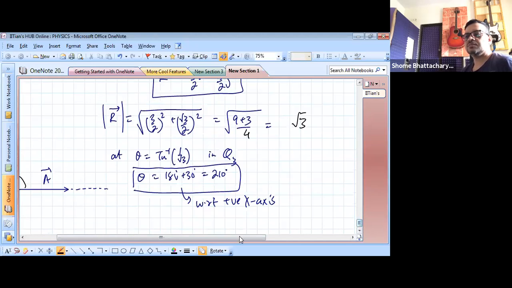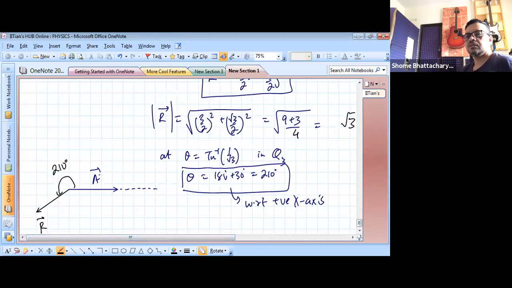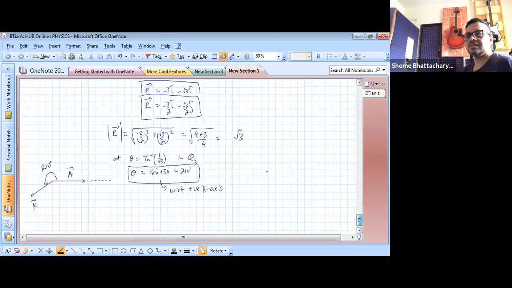So the resultant has a magnitude of root 3, but this angle is 210 degrees because it's in third quadrant, because both the x and y components are negative. So if you look at the resultant as a vector, both the x and y components are negative. So that's why it's lying in third quadrant. That's why it's 180 plus 30, because we're using that formula.